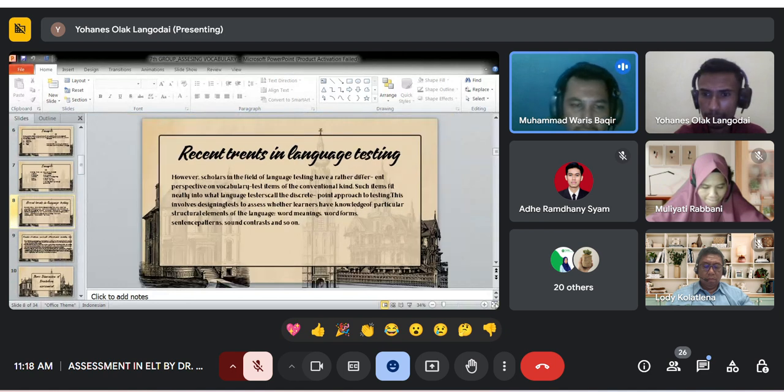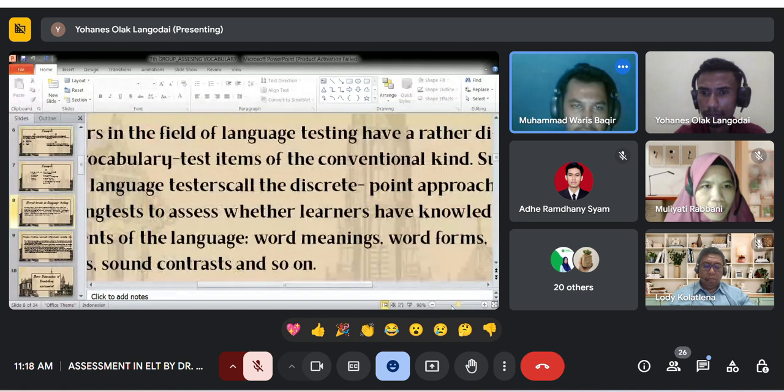This involves designing tests to assess whether learners have knowledge of particular structural elements of the language: word meaning, word forms, sentence patterns, sound contrast, and so on. Next, please.